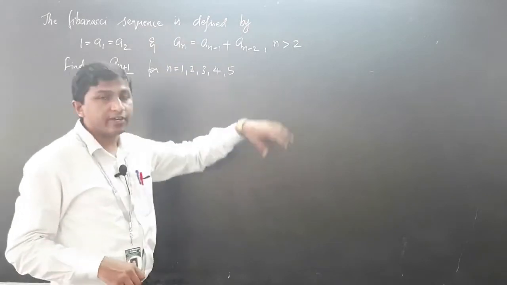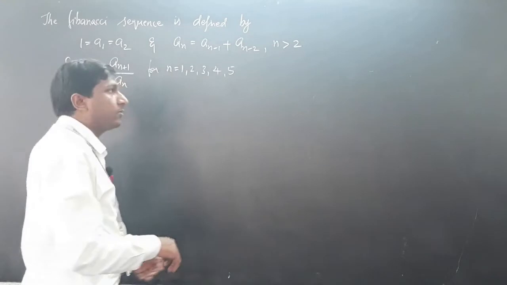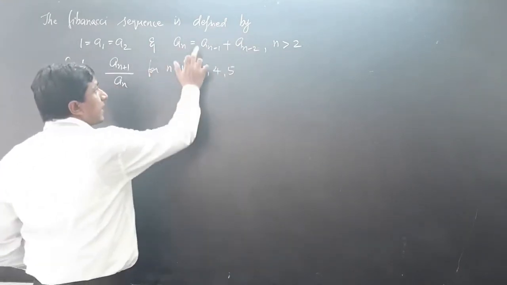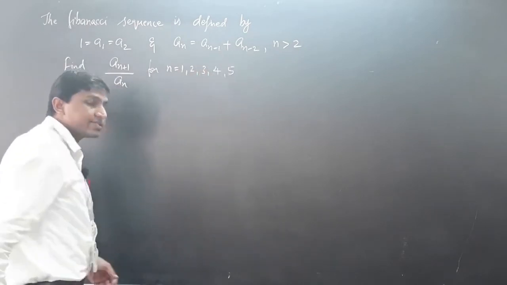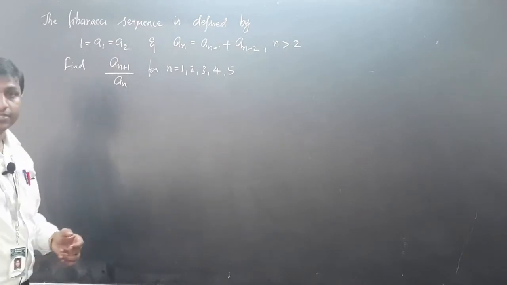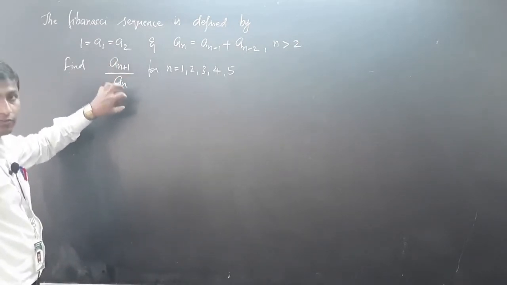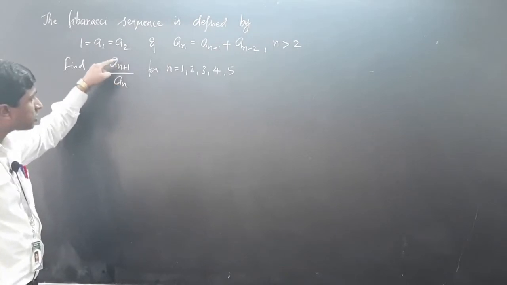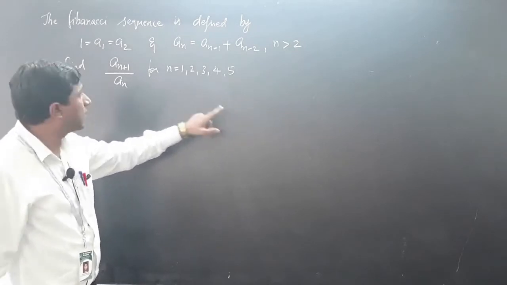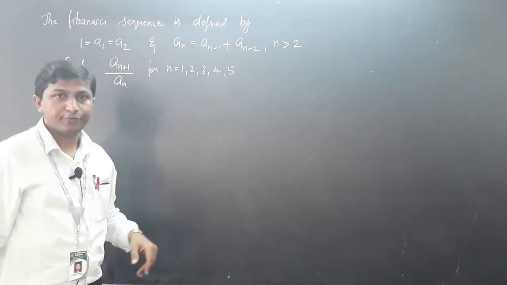For the third term, fourth term and the terms thereafter, we use the formula AN equals AN minus 1 plus AN minus 2. The question asks us to find the value of AN plus 1 by AN for n equal to 1, 2, 3, 4 and 5.